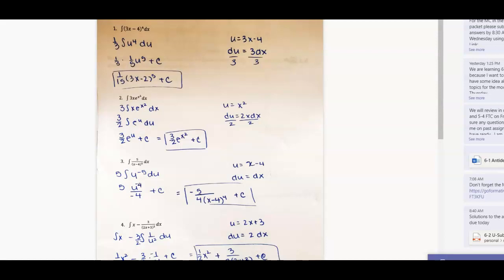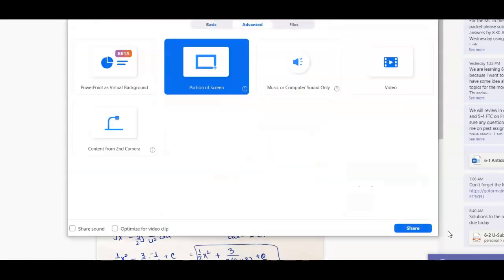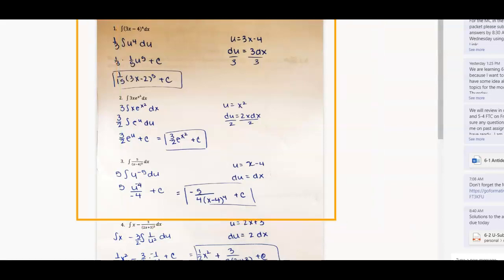So essentially, this is the U sub answers to the other part of the worksheet.